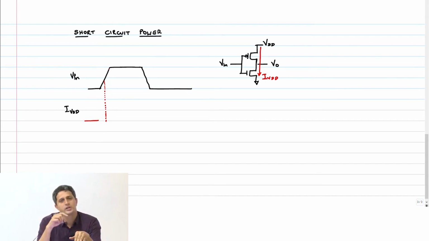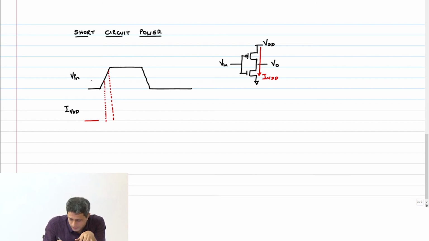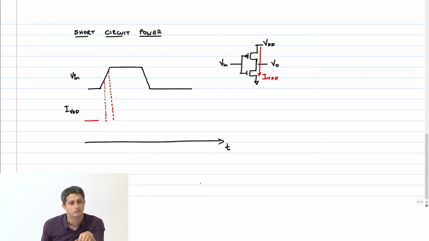Now, at what point will it turn off? Will it come back to 0 again? Yes, at VDD minus mod VTP, or you can say VDD plus VTP. By the way, for this graph, this is time. So these are the 2 points, VTN and VDD plus VTP.